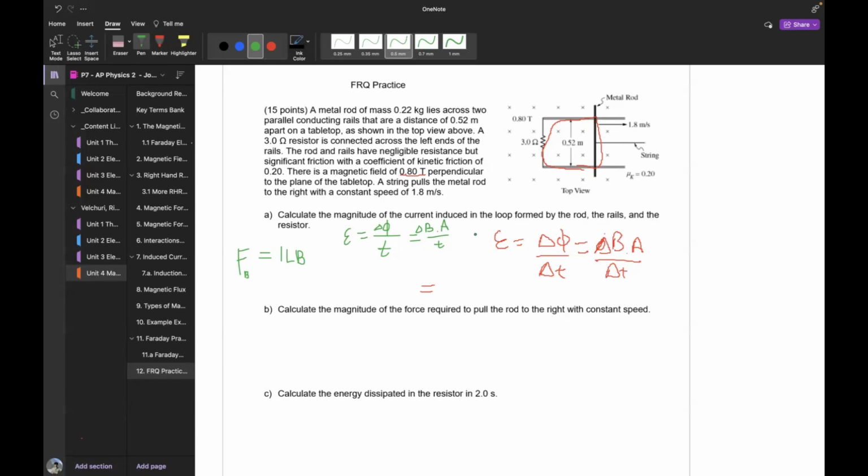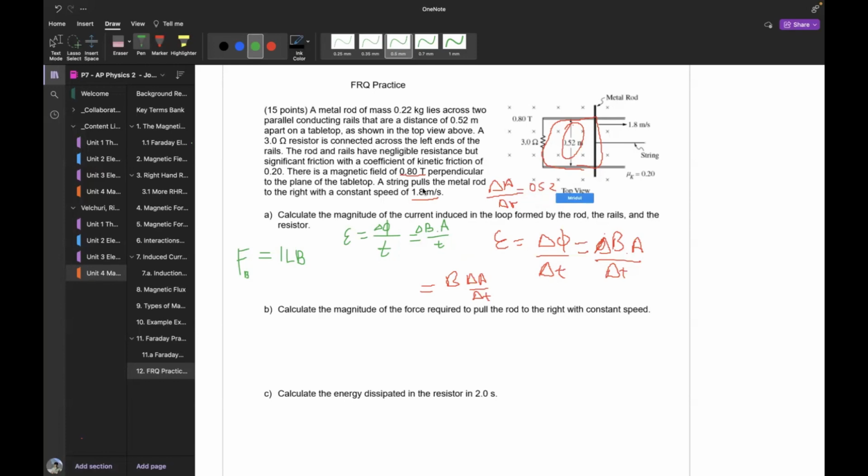So this can be written as, B is constant, so it can be taken out, delta area upon delta T. This length is constant, but this length is increasing with the velocity this much.